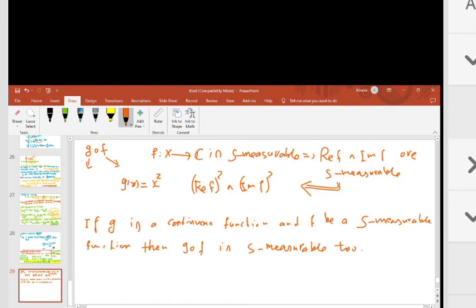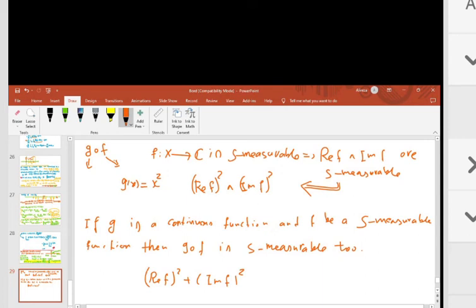Now we know that real part of f to the power of 2 plus imaginary part of f to the power of 2 is S measurable.